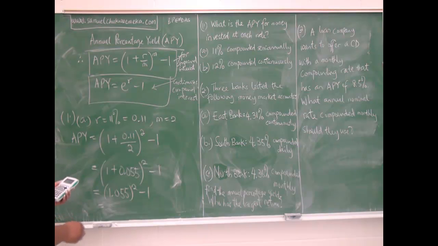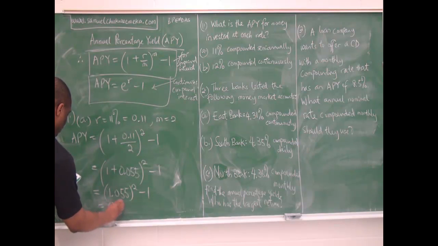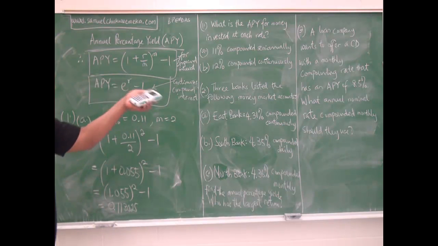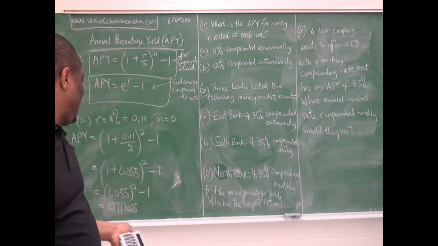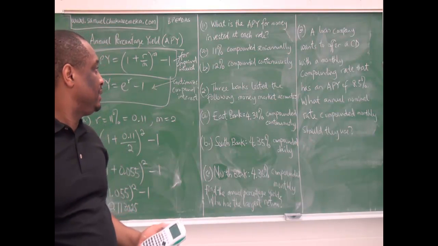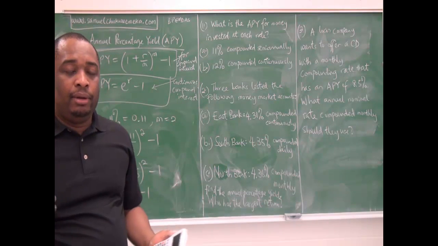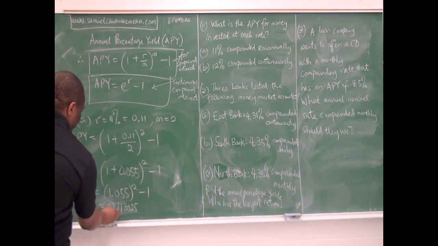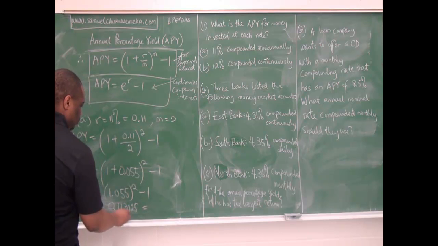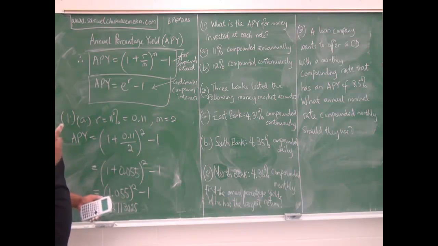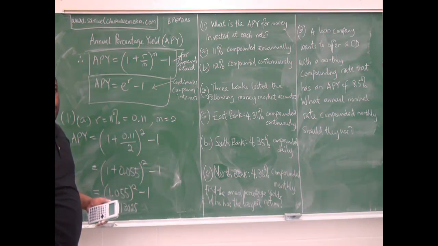So this is 0.113025. And usually for the questions we have here, express it in 3 decimal places. Round your answer to 3 decimal places. Before we do that, let's remember this is a rate.